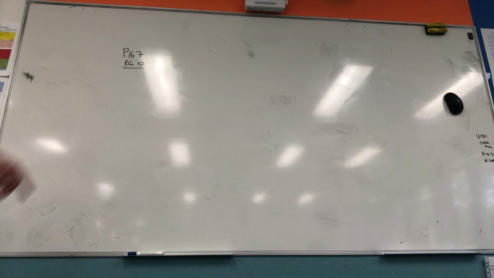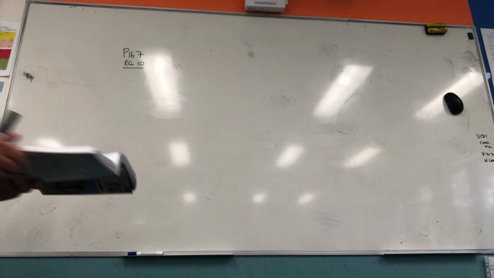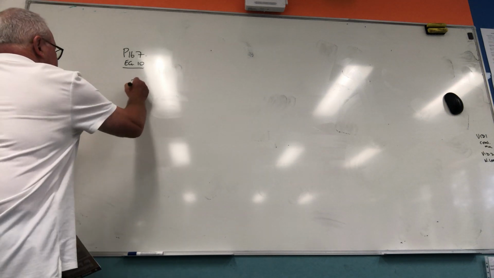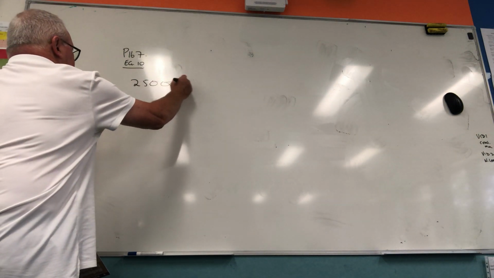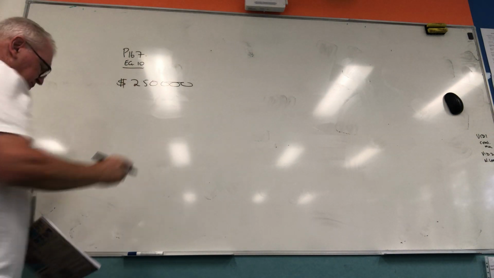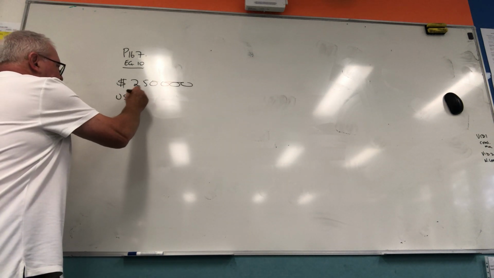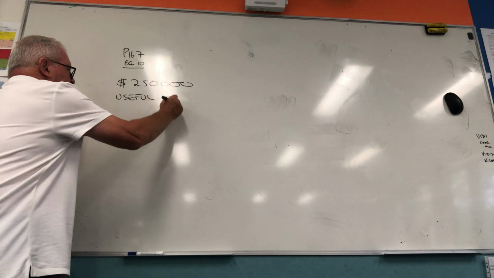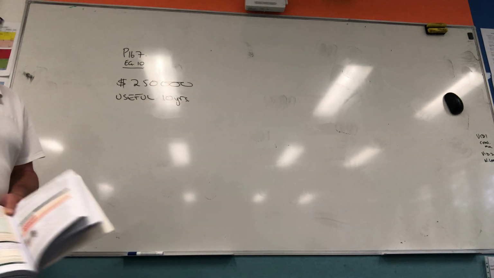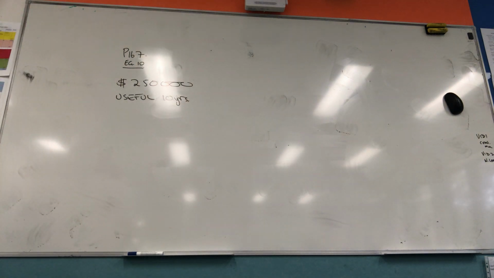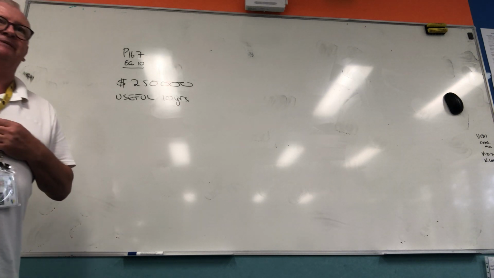Page 167, example 10. It says that something cost $250,000. It's got a useful life of 10 years. And then how do I work out how much I can depreciate each year?